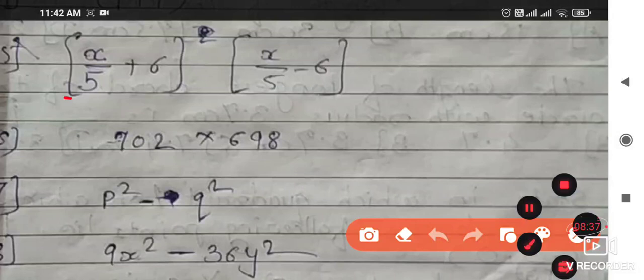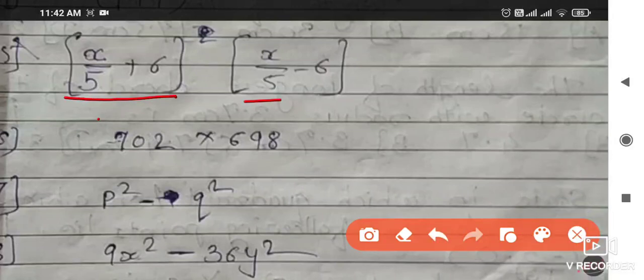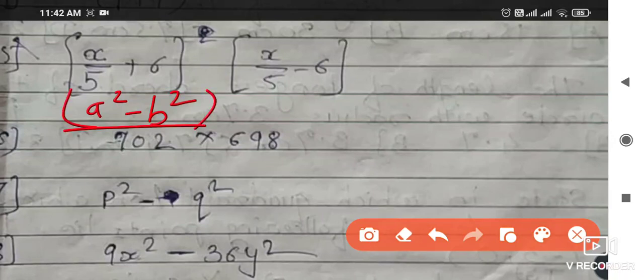Here in question number 5, you will notice that here x upon 5, here it is 6 and here it is also 6 and here signs are different. So here we have to use the factorization of a square minus b square. Its factorization is what?